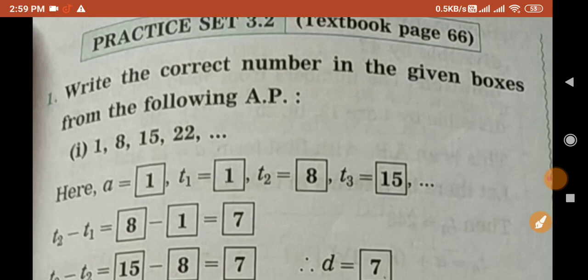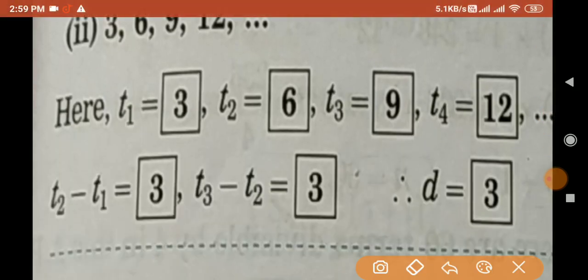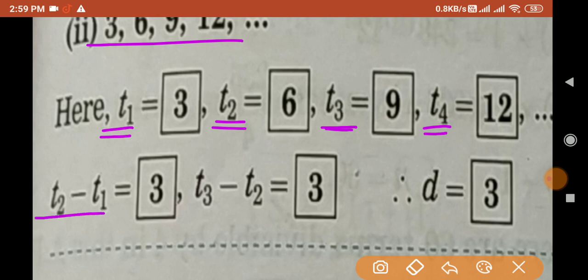Understand? Now see the second example. Here the series is 3, 6, 9 and 12. In a similar way, T1, the first term, is equal to 3. T2, the second term, is 6. The third term T3 is equal to 9. The fourth term T4 is equal to 12. Now see the difference between two consecutive terms.